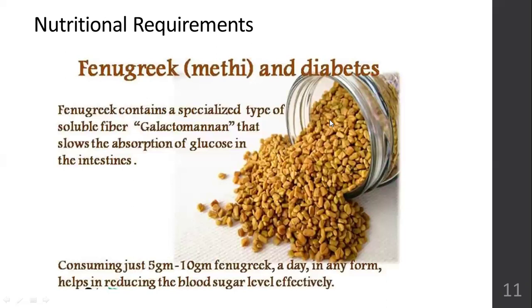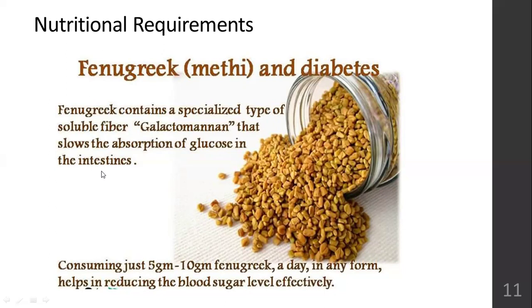So fenugreek, methi seeds, are good for diabetes.